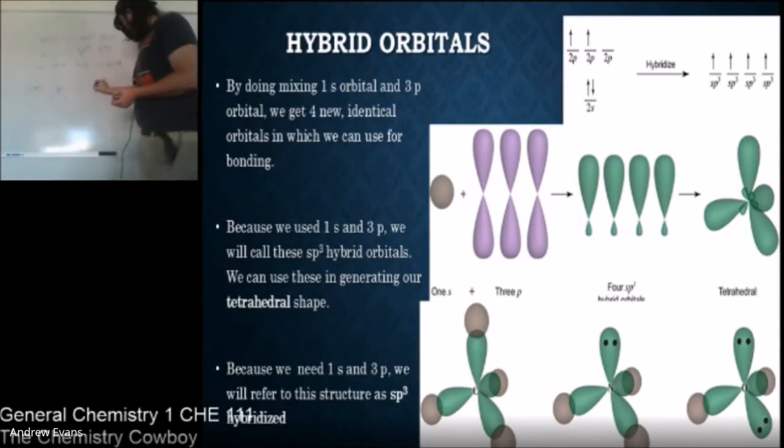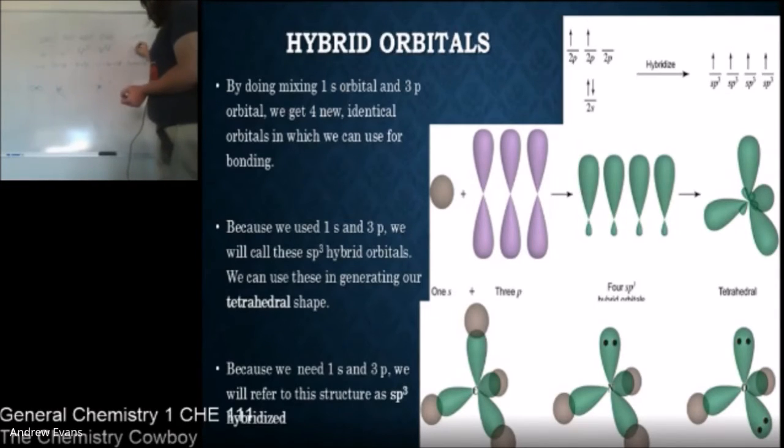And that's going to be our structure for the trigonal bipyramidal. And finally, 6 electron domains, I have to use a second d.